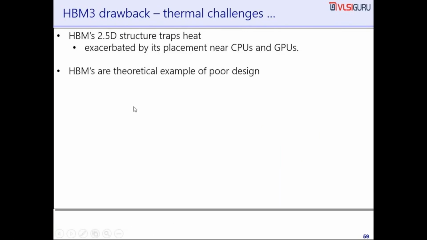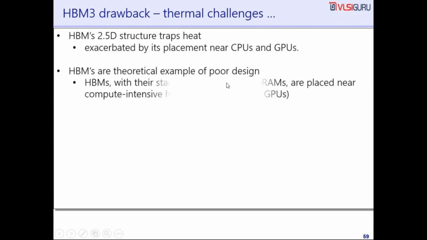HBMs are a theoretical example of poor design. If you ask someone to do a poor design of an SoC, the current placement of HBMs in SoCs is the example of a poor design architecture. But then there is no alternative, right? Everyone is driven by performance more than power consumption. So HBM with their stack of heat sensitive DRAMs are placed near the compute intensive heat sources, that is CPUs and GPUs.